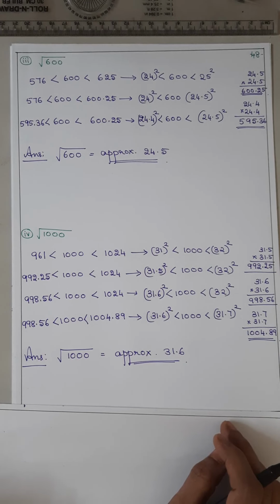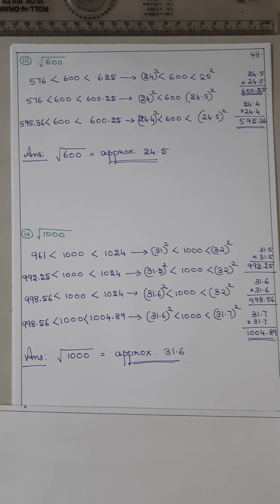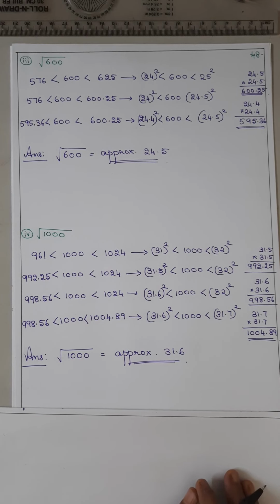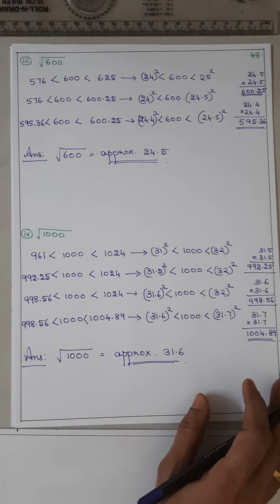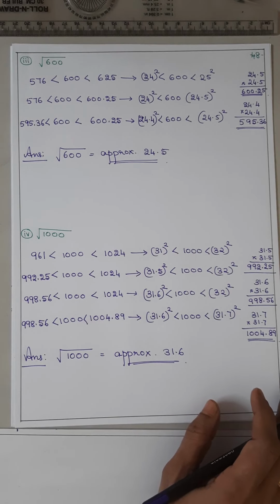A lengthy process I know, but you have to understand the method. And usually we have seen the estimation method for squares and square roots is not asked for in the exam, but please understand the method. Okay. Bye.